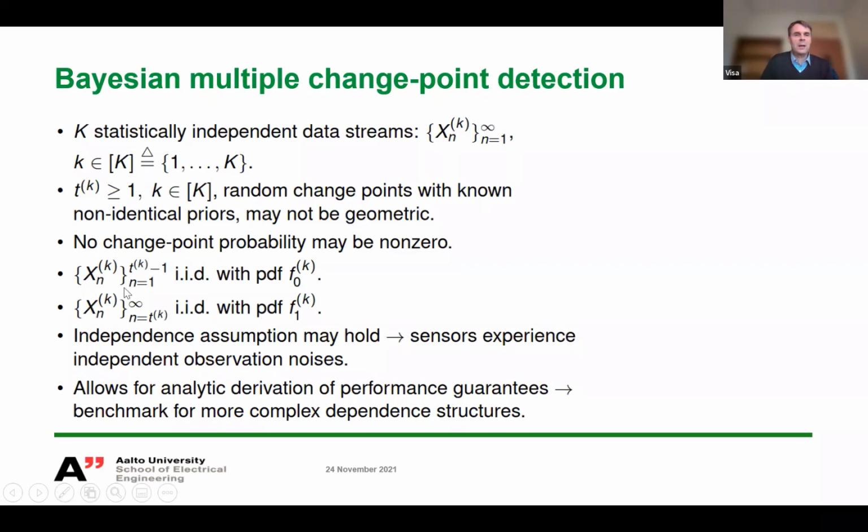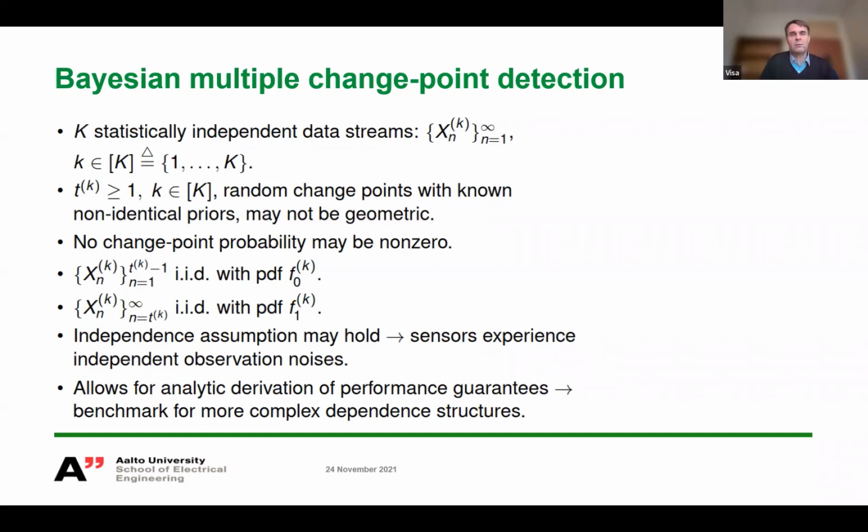For analytical work, we assume that the data before the change comes from some distribution f0, and after the change, it comes from distribution f1. Regarding the question about independence, based on the independence of noise, we can claim independence here.